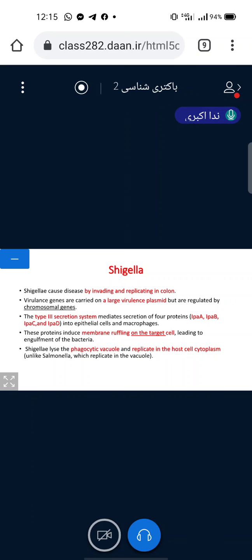These proteins induce, and this is the responsibility of these proteins, membrane ruffling on the target cell, which leads to engulfment of bacteria. And then Shigella lyses the phagocytic vacuole, exits out of it and replicates in the host cell cytoplasm. Unlike Salmonella, as you observed in the last slide, which replicates in the vacuole.